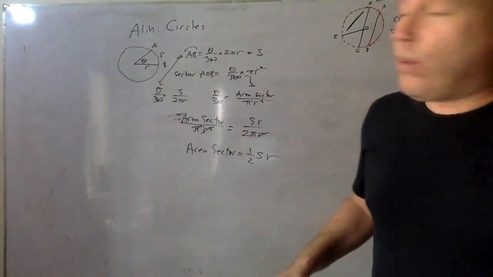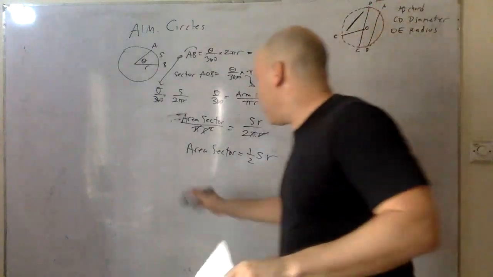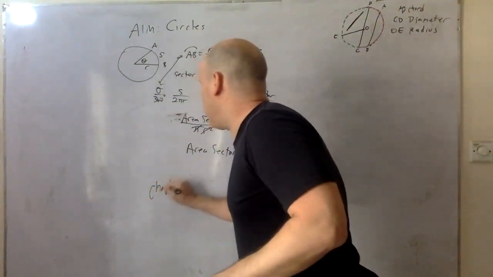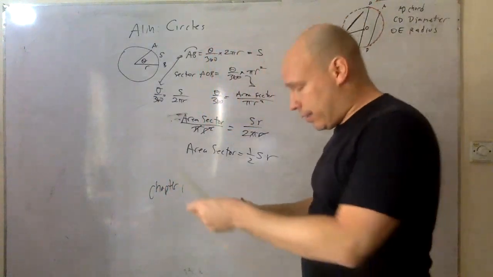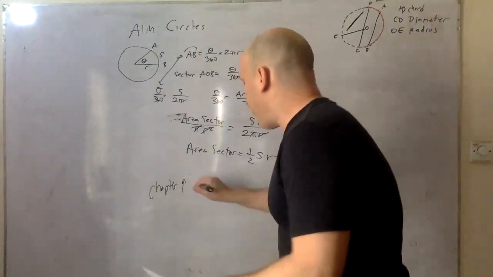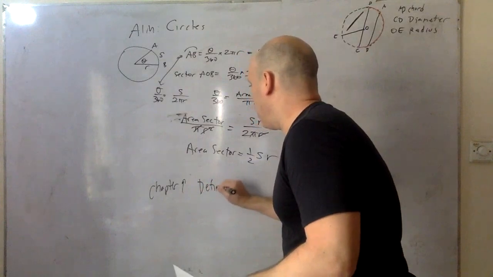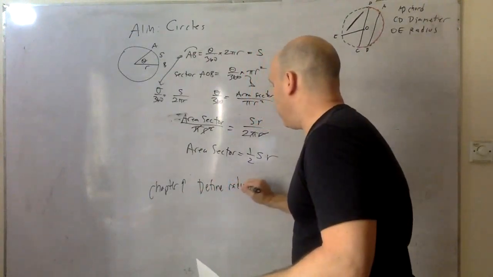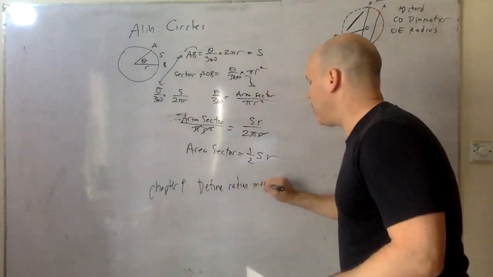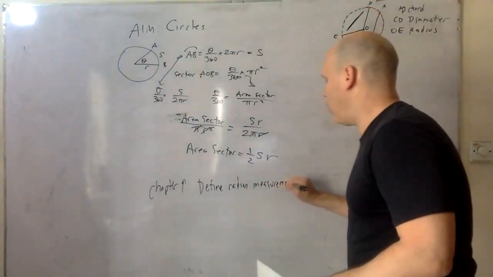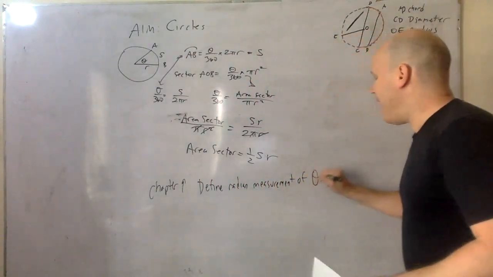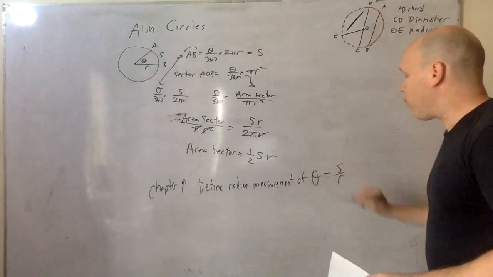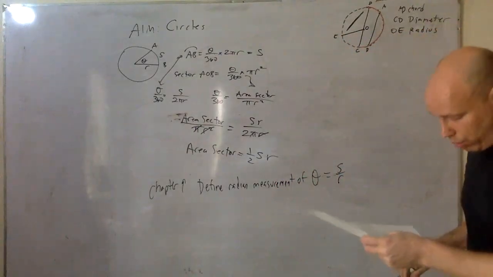Now let's go into chapter 9. Chapter 9 says that we define the radian measurement of theta as arc length over radius.